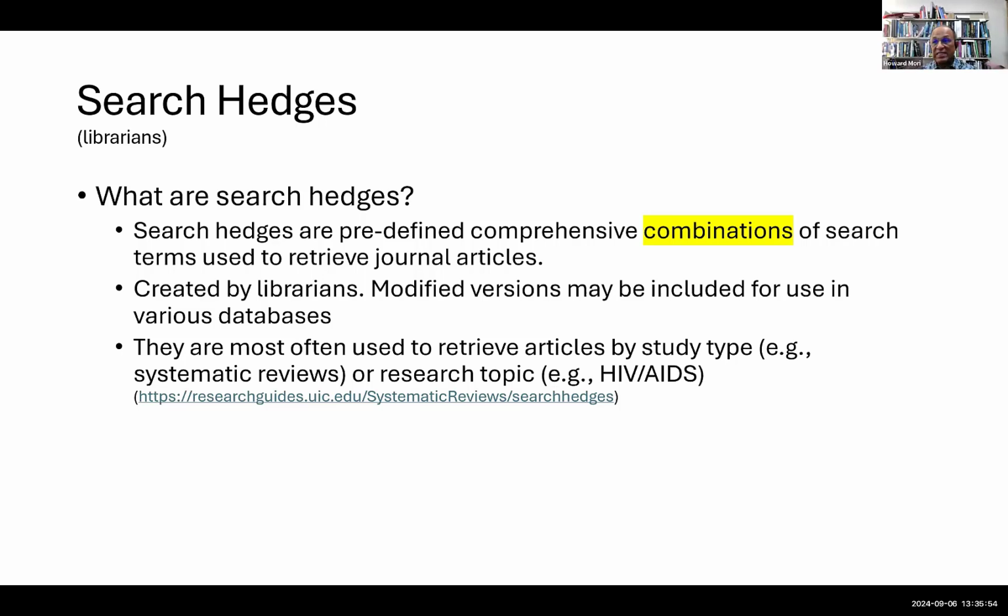So that may include the syntax, whether parentheses, commas, quotation marks, the different field abbreviations appropriate for each database. Even terminology may be different. In some databases, you can use singular, and it's going to look for singular and plural. In other databases, you have to actually create a combined search strategy for the singular and the plural.